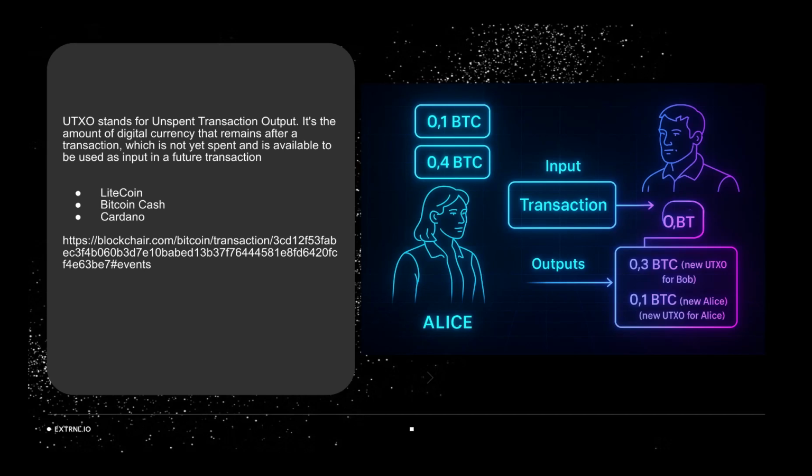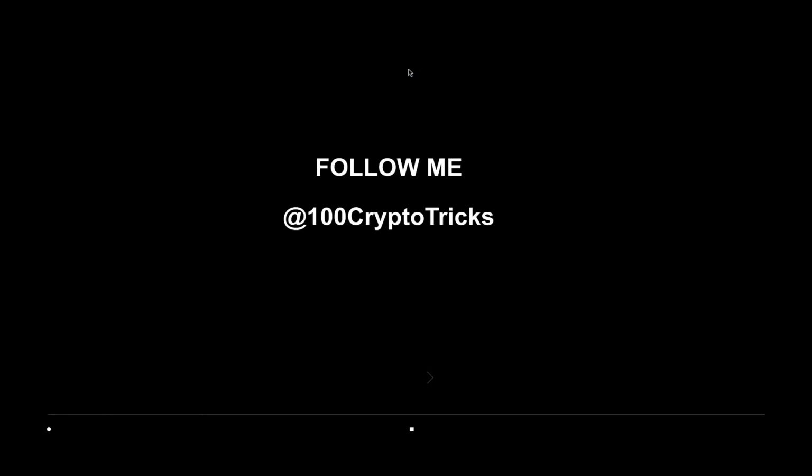The protocol will select the UTXO with 0.4 BTC, and it will generate two new UTXOs. One is of 0.3, which is mapped against Bob's address, and 0.1, which is the change that remains with Alice. But the original 0.4 BTC gets destroyed and can no longer be used. This is how UTXOs work.